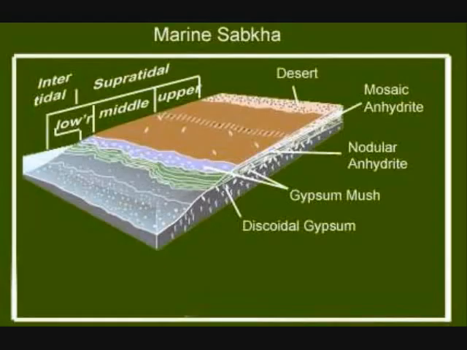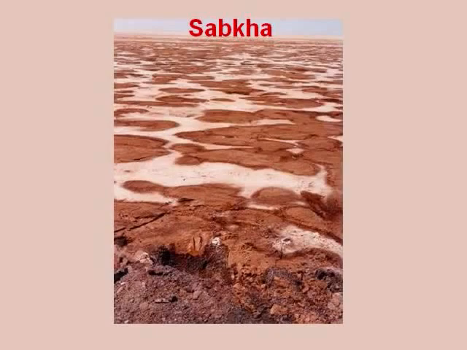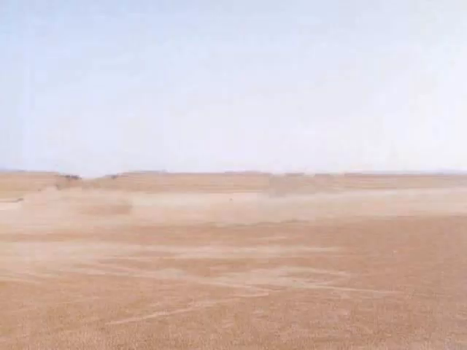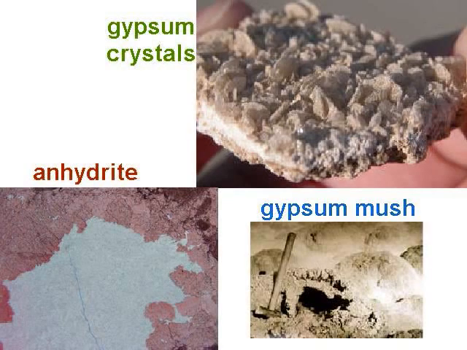Sabkhas are abundant throughout the western region of the UAE. They are also important formations for petroleum geologists. Sabkhas are formed when water accumulates on salt flats and then evaporates. This leaves a white layer of sulfates made up of anhydrite and gypsum. When these sulfates evaporate out, you get three layers of material: anhydrite, gypsum mush, gypsum crystals.